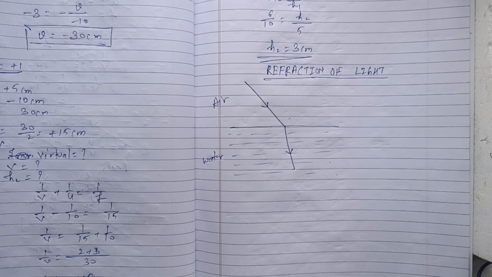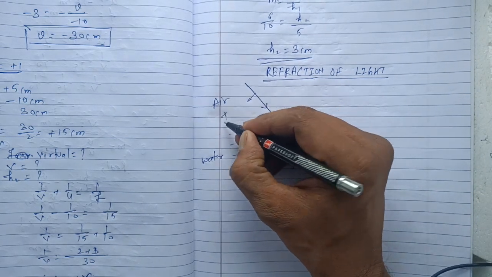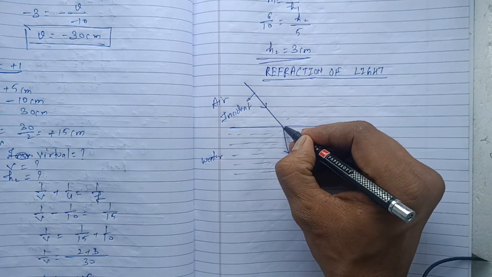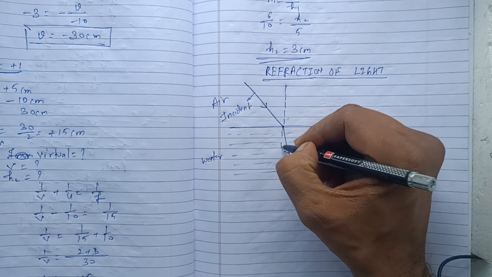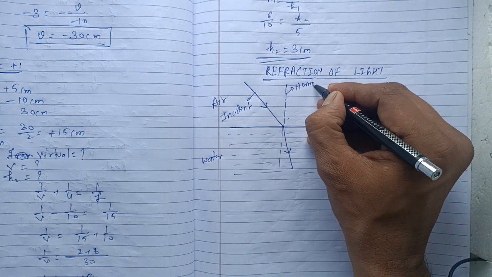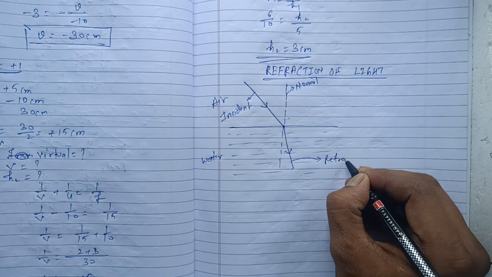Now why does it bend, what are the causes of refraction, that we are going to study today in this video. The first thing is that the ray which is coming is known as the incident ray. We can draw a perpendicular at the point of incidence, which will be known as the normal, as all of us know, and this will be known as the refracted ray.